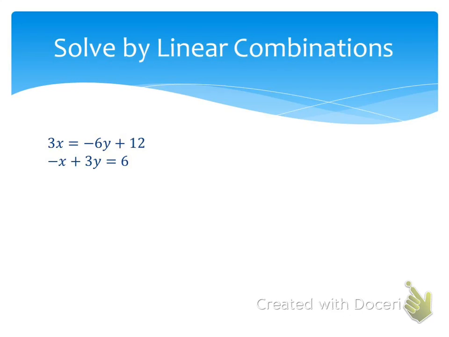Okay, Megan, what did I have to do first? Okay, I need to put the first equation in the correct order. Very good. What do I need to do to put it in the correct order? Very good. Oops. I need to add 6y to both sides.